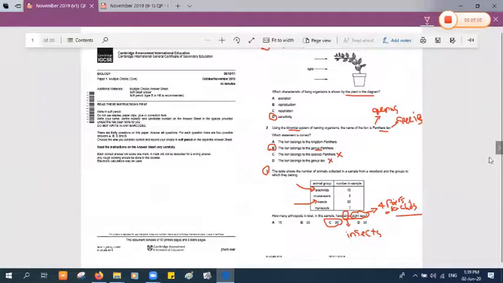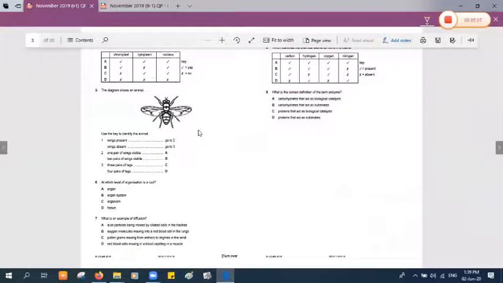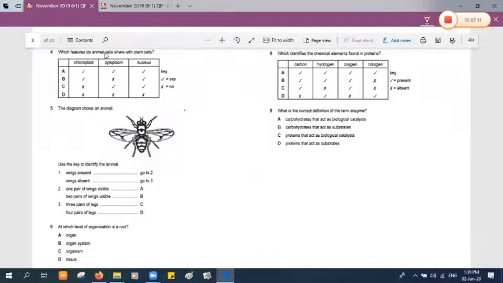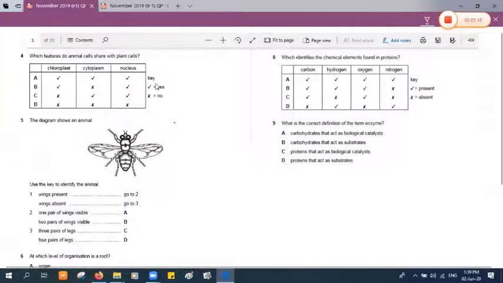Here we have: which feature do animal cells share with plant cells? This is a very easy question. You can answer it, so please write in the chat what the correct answer will be.